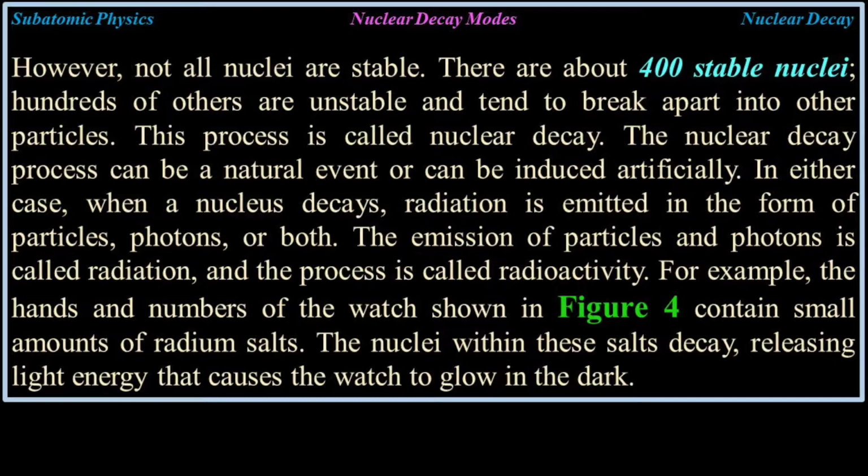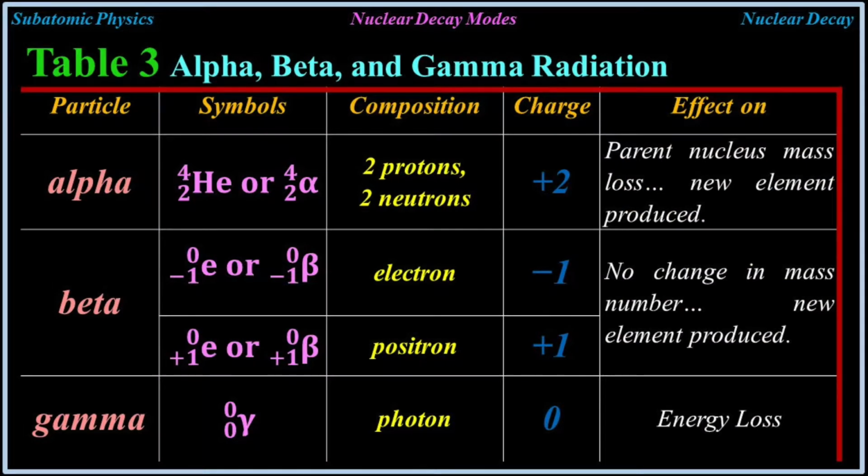For example, the hands and numbers of the watch shown in figure 4 contain small amounts of radium salts. The nuclei within these salts decay, releasing light energy that causes the watch to glow in the dark. Here are the particles that exist in nuclear decay, the main particles: alpha, beta, and gamma radiation.